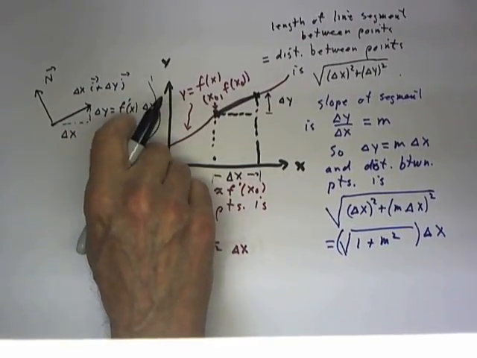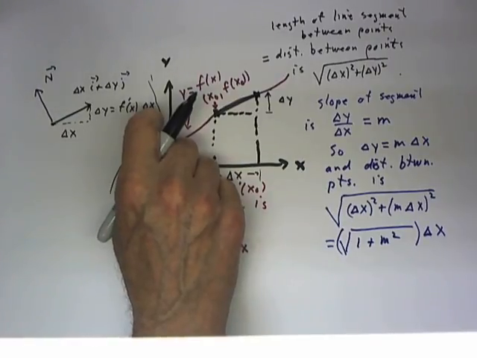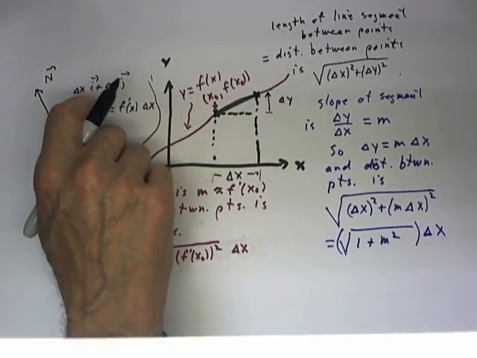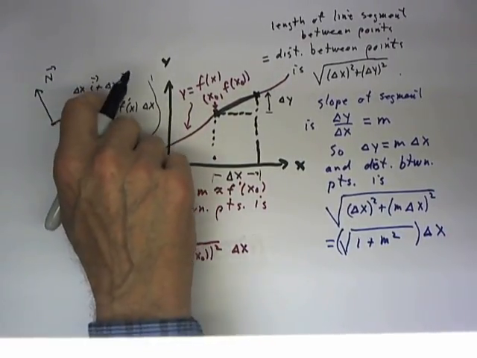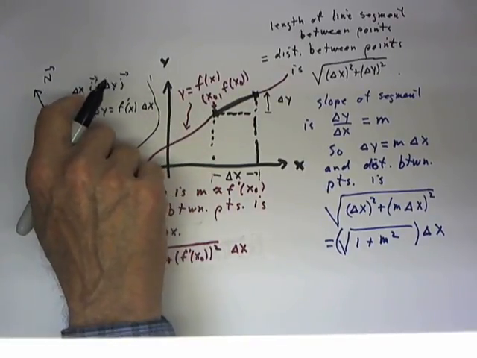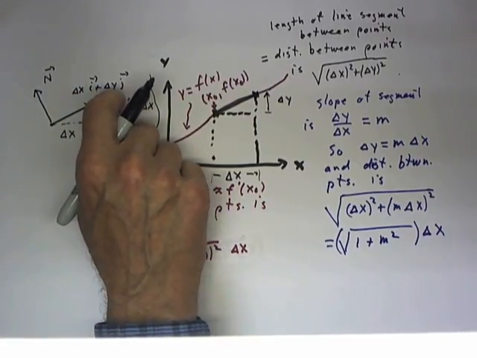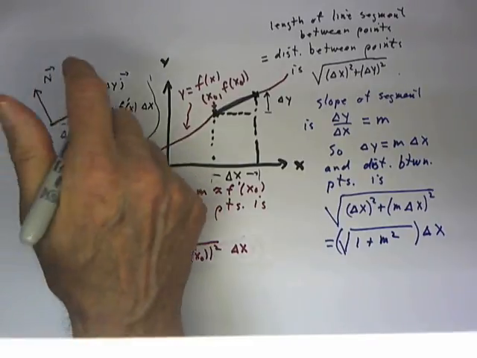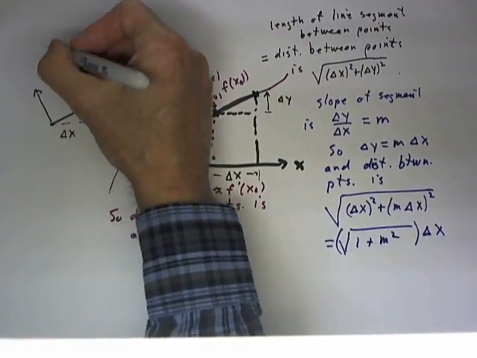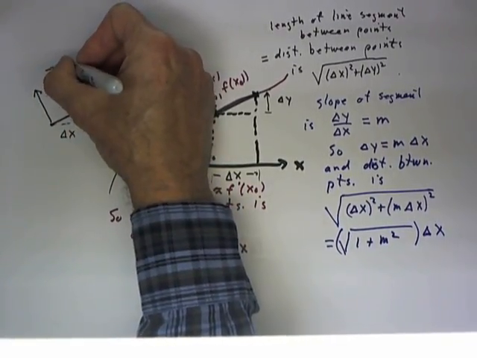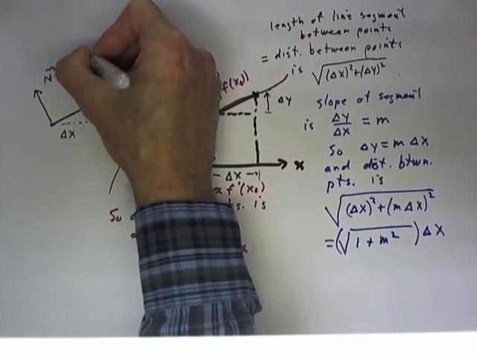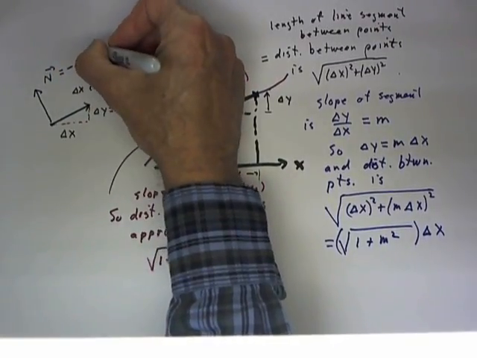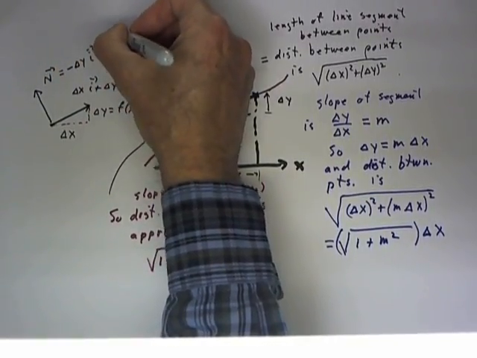Of course, delta y is f prime of x delta x. This vector being perpendicular to this one is any vector whose dot product with this is 0, and a convenient choice would be n equals negative delta y i plus delta x j.